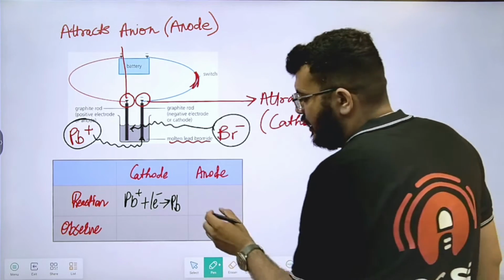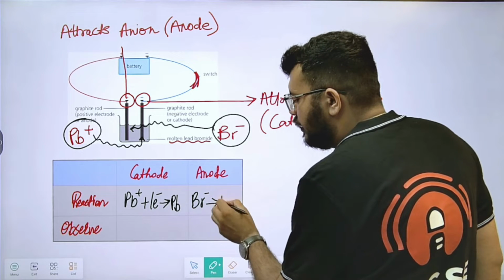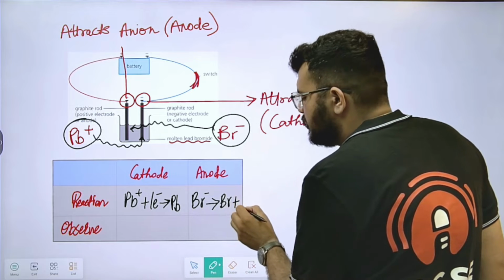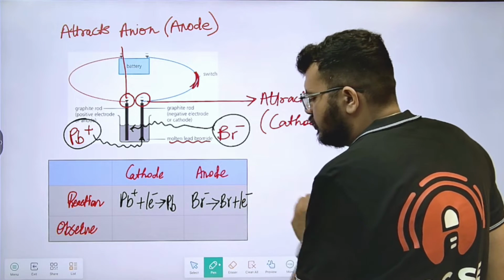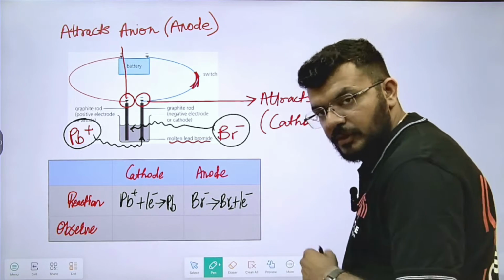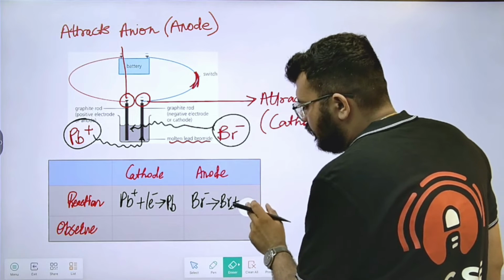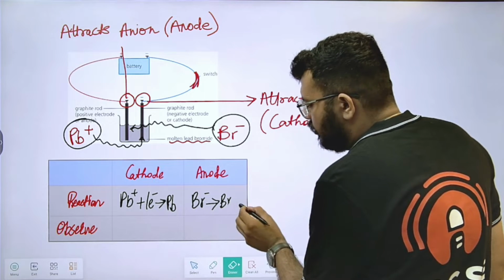What will happen at the anode? Your Br minus gives Br, losing one electron. But because bromine is a diatomic gas, it gives off not just one electron, it gives off two.